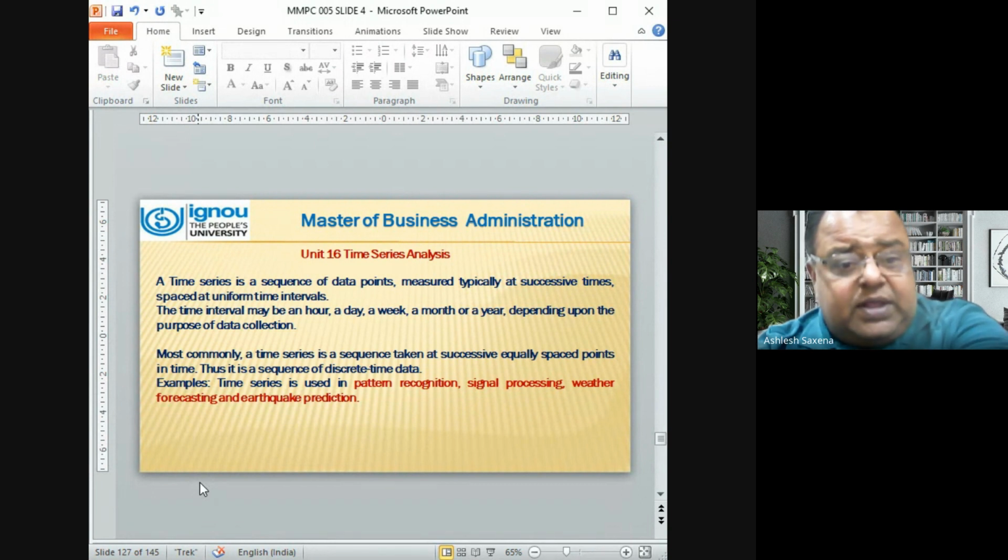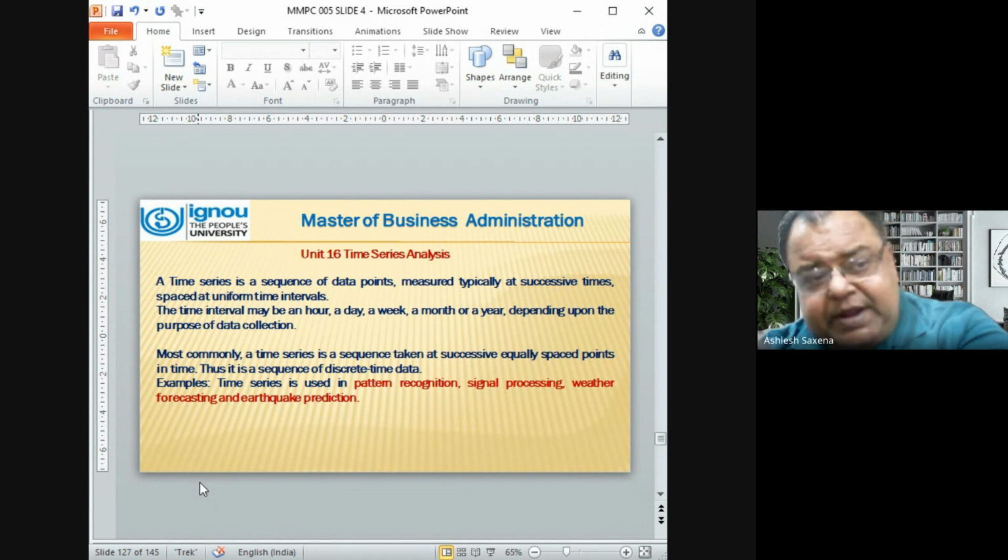Most commonly, a time series is a sequence taken at successive, equally spaced points in time. Thus, it is a sequence of discrete time data. Time series is used in pattern recognition, signal processing, weather forecasting, and earthquake prediction.